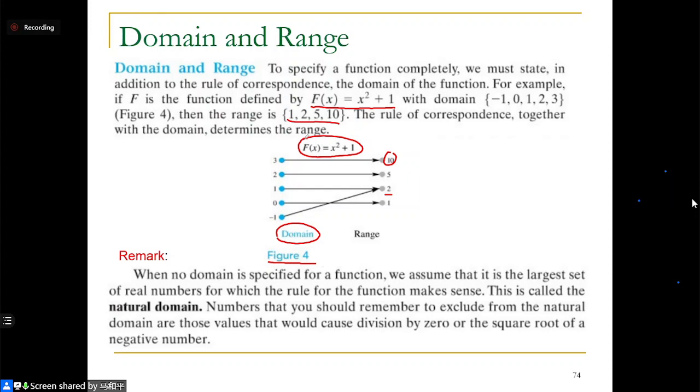We know the domain is specified for a function. For example, I just write f(x) = the square root of x. No domain is specified for this function.